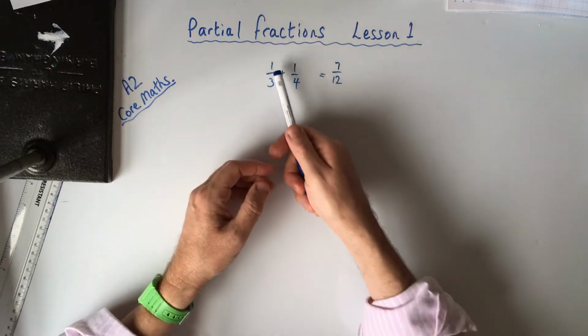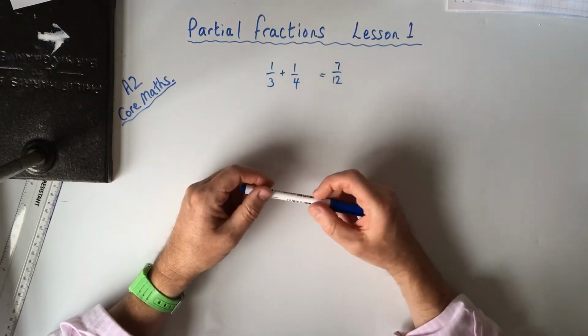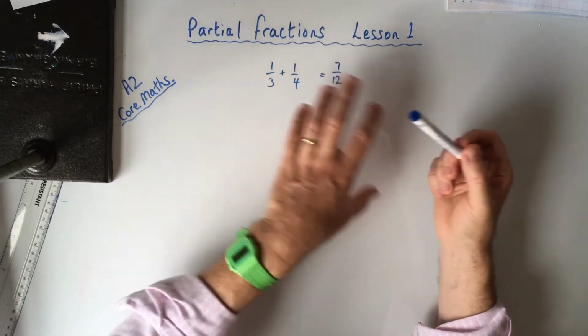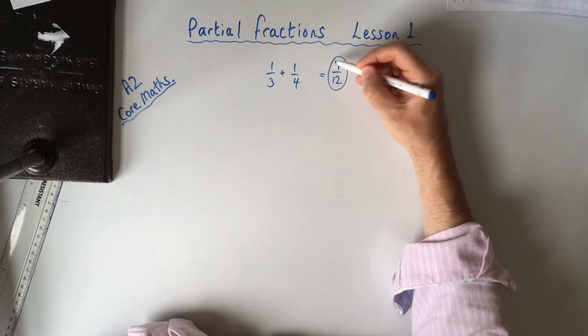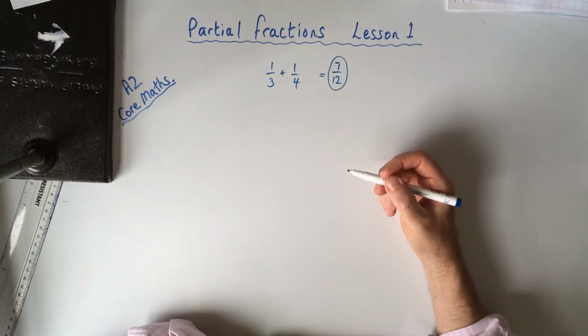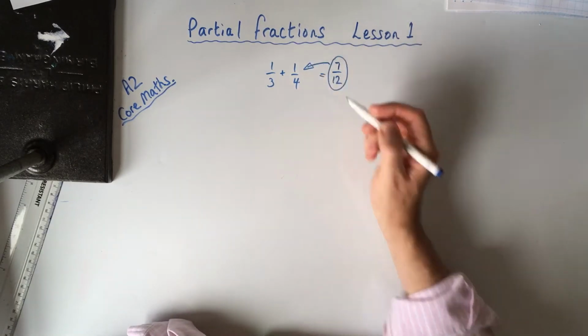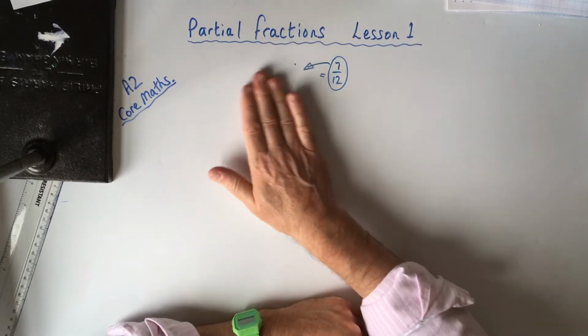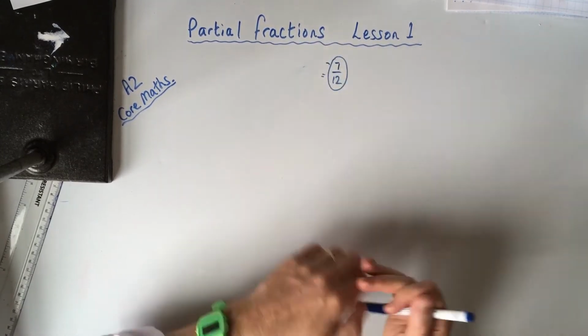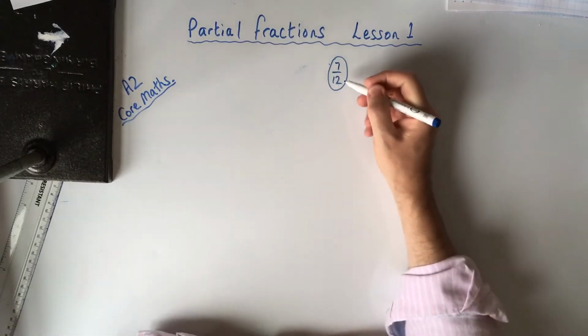But instead of digits, they have letters, so it's algebraic fractions. And partial fractions is starting with a fraction like 7/12 and actually working back the other way. So can we split 7/12 into two partial fractions?